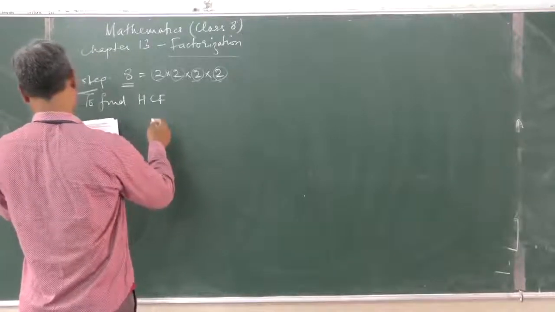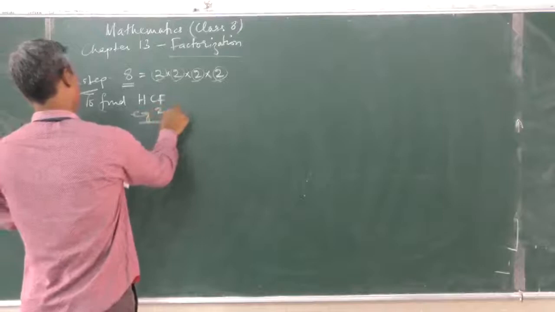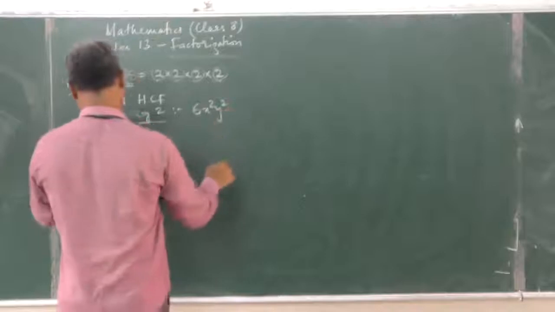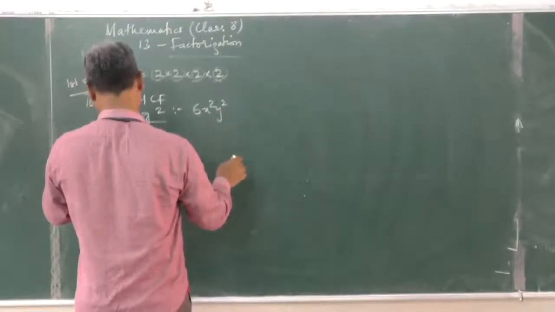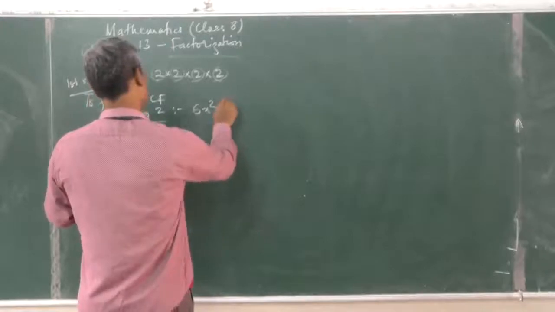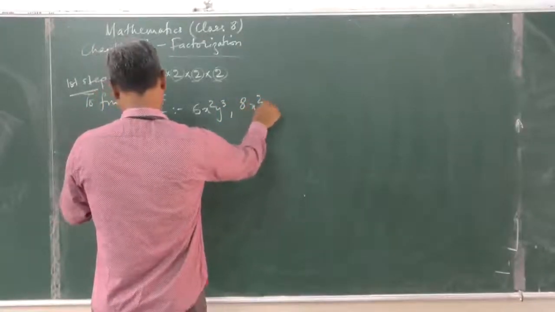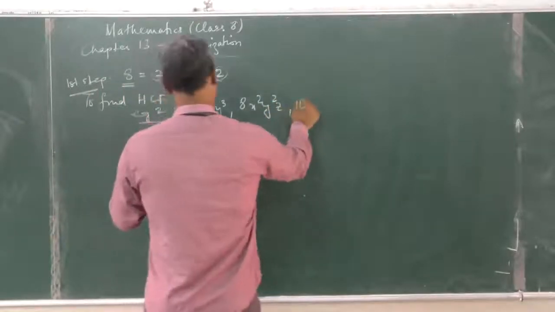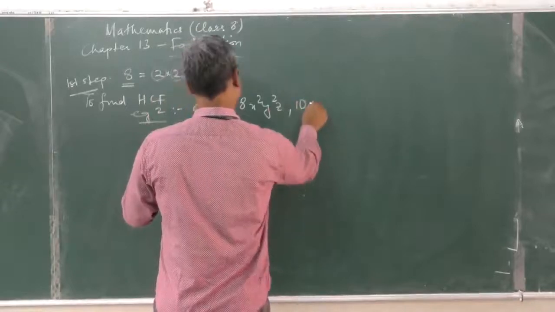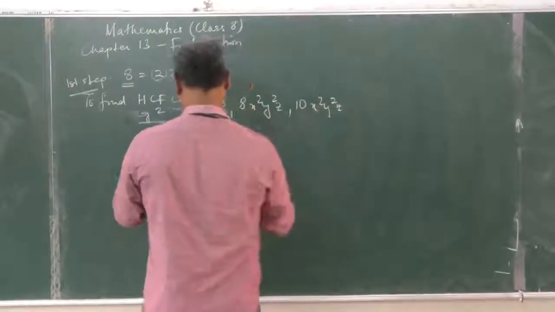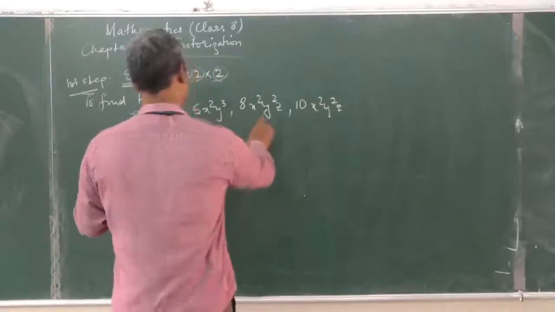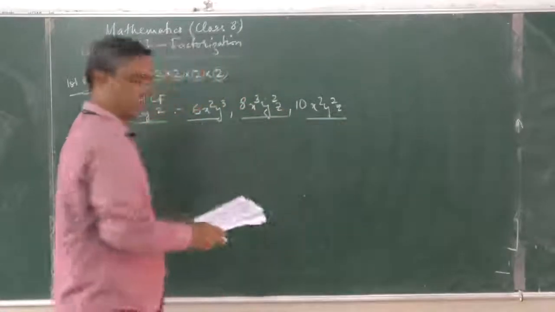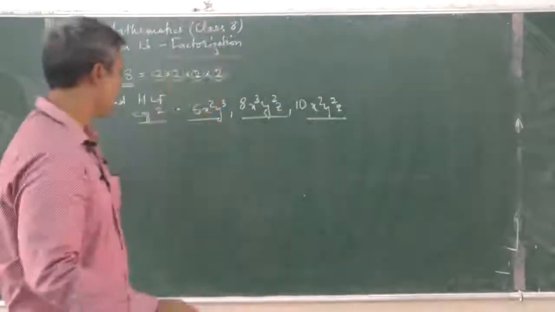I am looking at the second example with a slight modification: 6x square y cube, 8x square y square z, and 10x square y square z. If you look at this example, we are going to find the HCF of these three terms as factors.